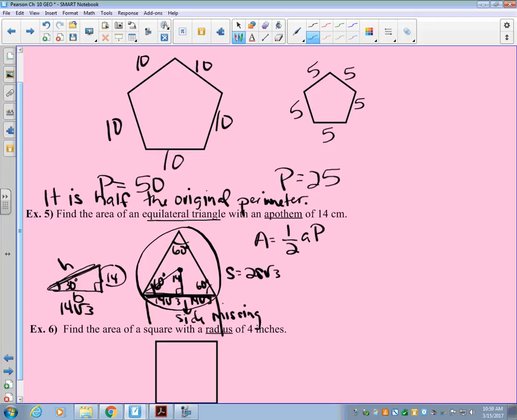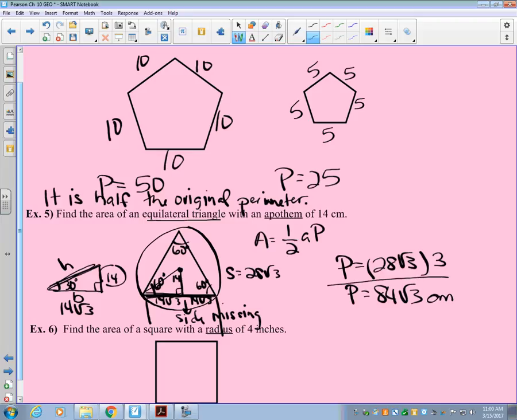So to find the perimeter, we're going to take 28√3 and multiply it by 3 because we have 3 sides. And that is 84√3. And let's go ahead and say that's centimeters.